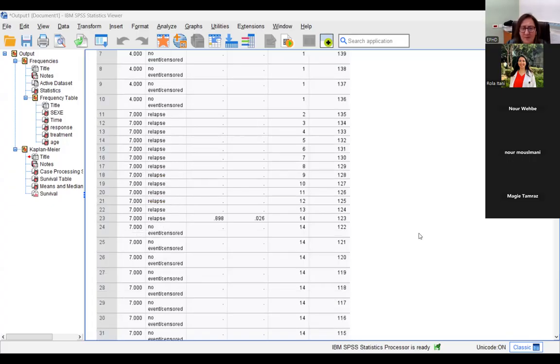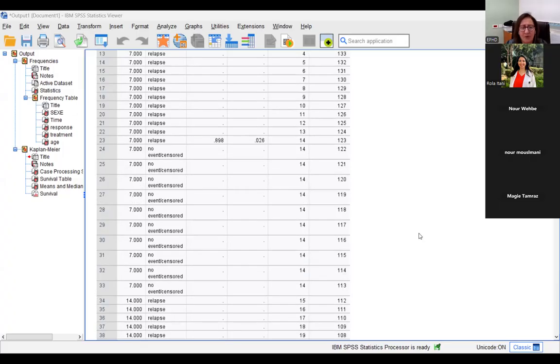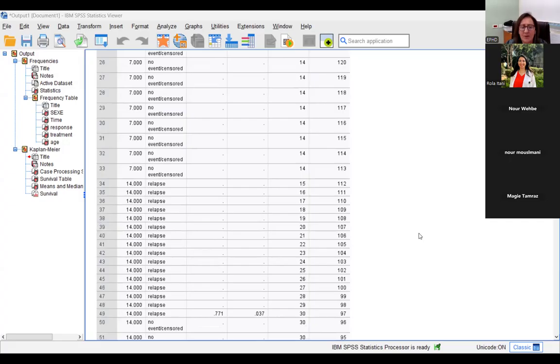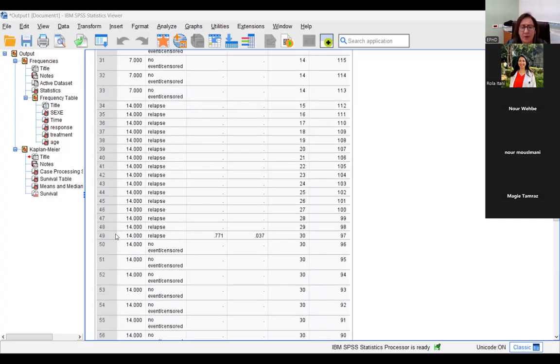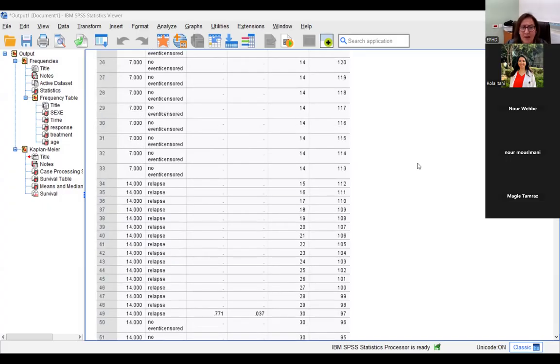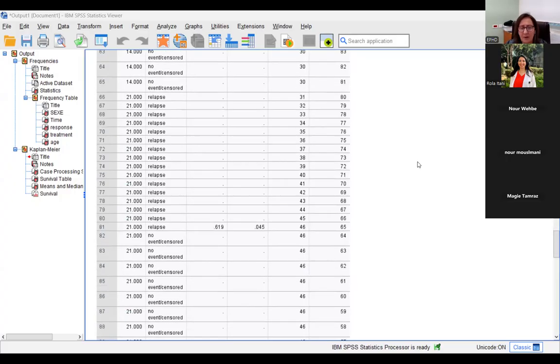I don't like this kind of table when we have a lot of numbers, but this is only for you to see how it is calculated. We calculate the probability only at the time of the event, so many participants had the event at 14, and so on. That's the table, which is again not informative. I would not put it in any of my output, but only to see how things are being calculated.